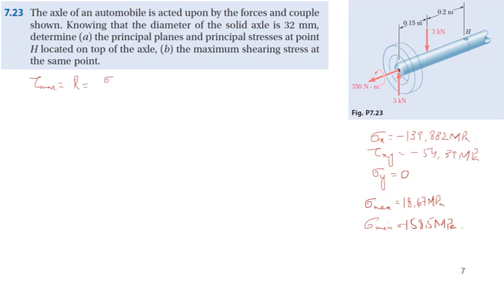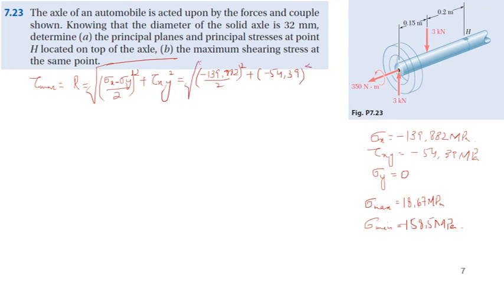Okay, now the maximum shear stress tau max is equal to the radius, which is equal to under root of sigma x minus sigma y divided by 2 square plus tau xy square. So when we put the values, this will be minus 139.882 divided by 2 square plus minus 54.39 square under root.